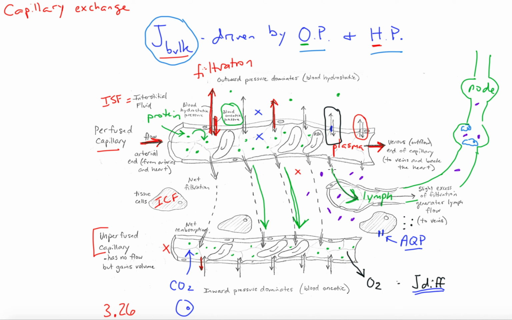Any excess filtration by the filtering capillaries is going to be taken up as lymph, which is passed through the lymph nodes and eventually returns to veins. In the anatomy portion of the course, you'll learn about the lymphatic anatomy, and the lymphatic vessels return this cleansed fluid, if you will, to the veins.